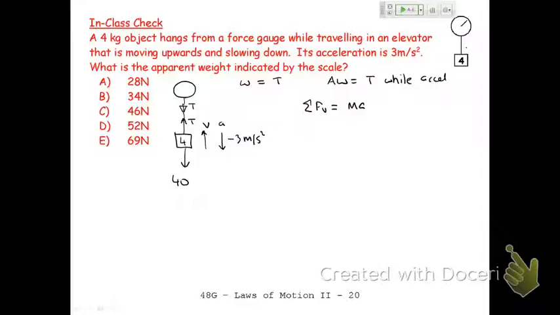Looking at my block and the external forces, I have plus T added to minus 40, equal to 4 times a, and a in this case is minus 3. So rearranging, T is equal to 40 minus 12. T is equal to 28 newtons.